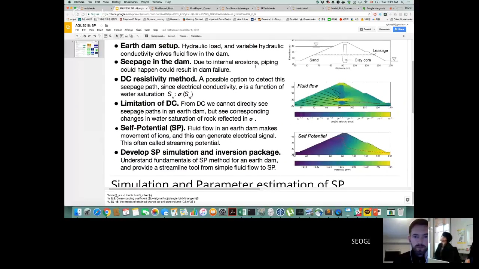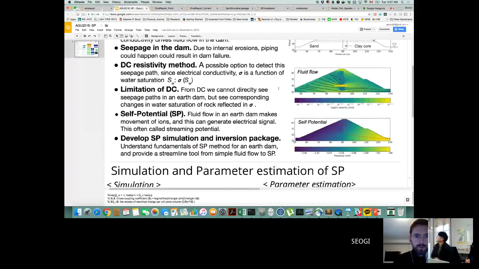The motivation to use SP is something like that, because you can still use the DC problem since it sees the conductivity contrast, and the water saturation will be different between this fully saturated zone and the dry zone. So if that changes due to the leakage, using the DC you can still see something. But that's not a direct detection.